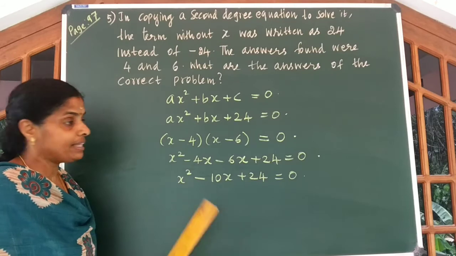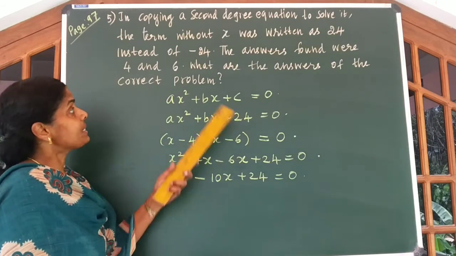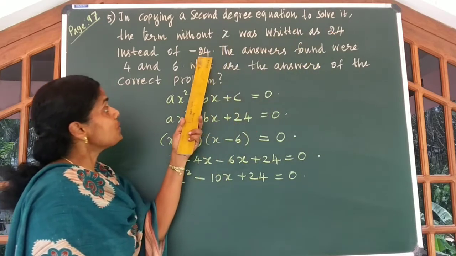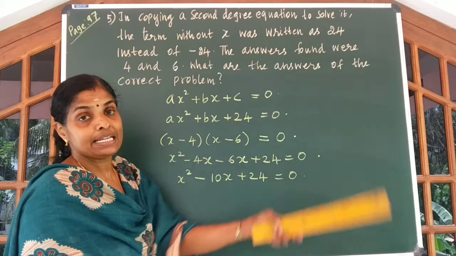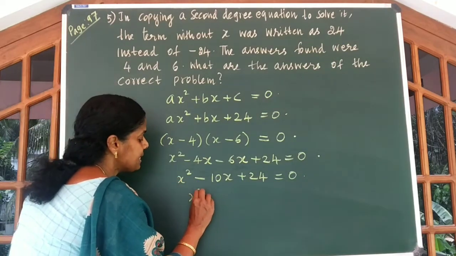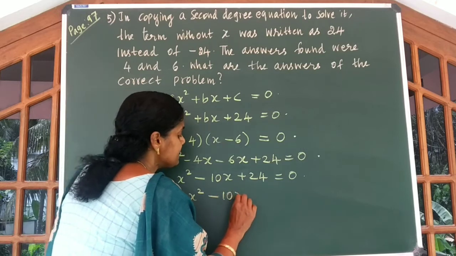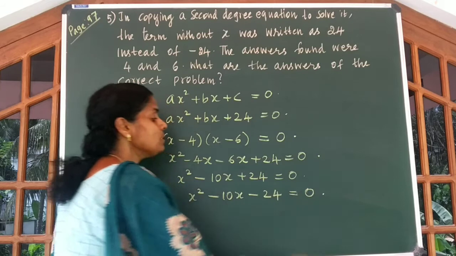Now we got the value of a and b. Now let us write minus 24 instead of 24 because that is our correct equation. So you will be able to write x square minus 10x minus 24 is equal to 0.